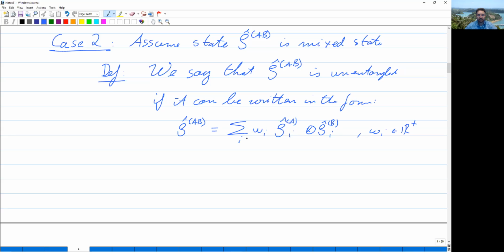So what this means is that we say that a density matrix of a composite system is unentangled or separable. So this is the so-called separable case.